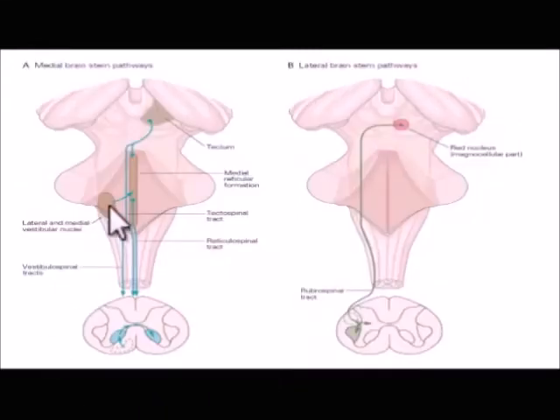This is the vestibular nuclei, which has connection with the vestibulocerebellum, and this vestibular nuclei is connected to the medial longitudinal fasciculus, and the medial longitudinal fasciculus is connected to the third, fourth and sixth nerve nuclei, and is also connected to the tectum, which contains the superior and inferior colliculi.